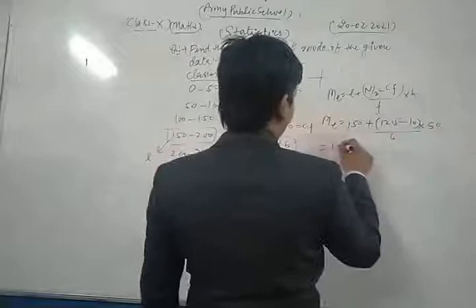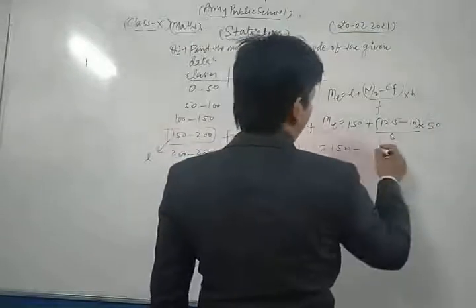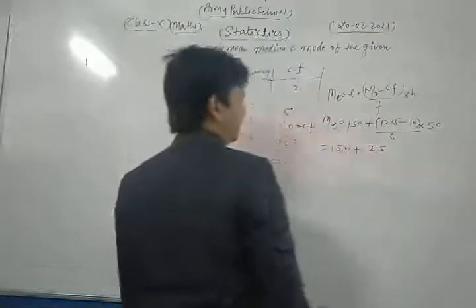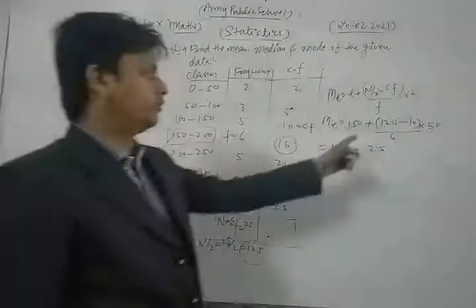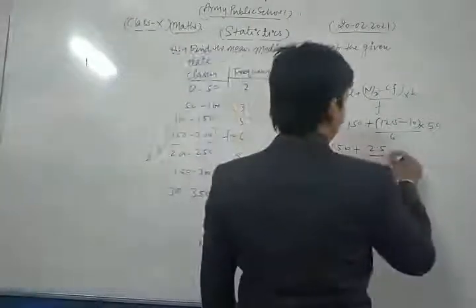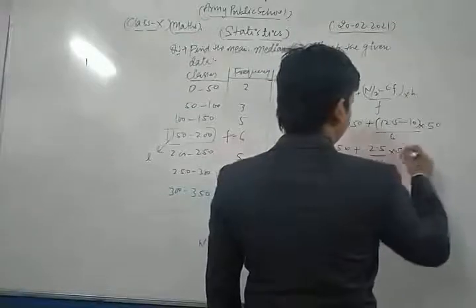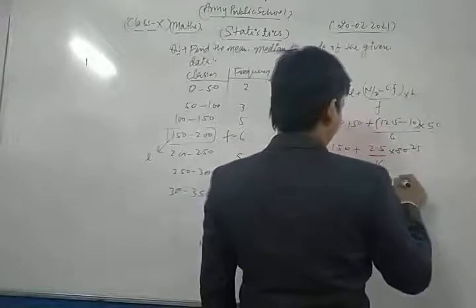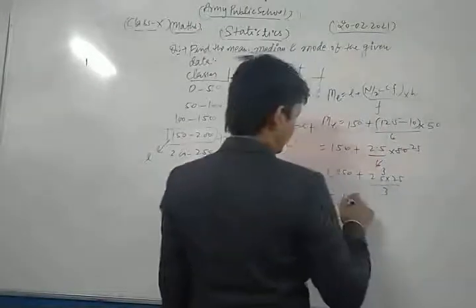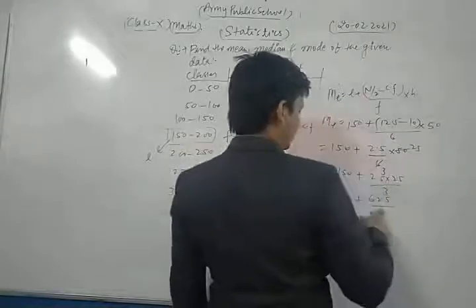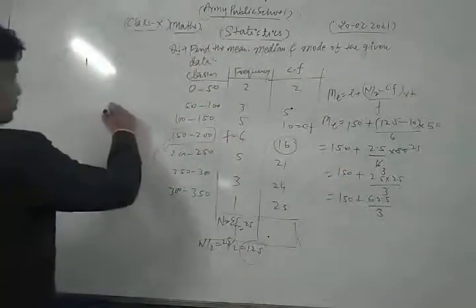Now we simplify: 12.5 minus 10 is 2.5, upon 6 into 50. So 150 plus 62.5 upon 3.